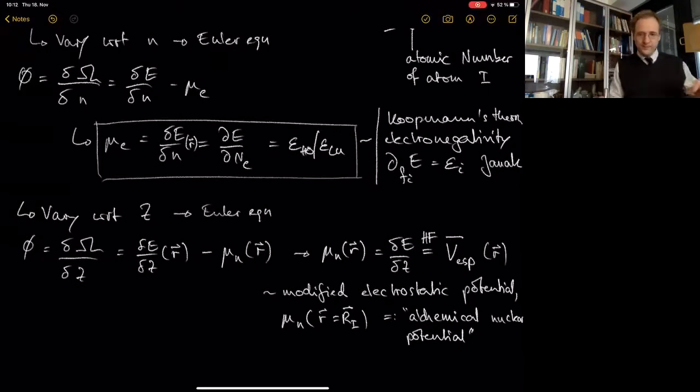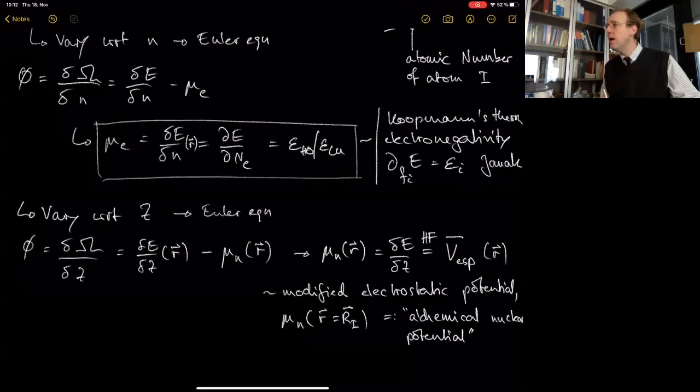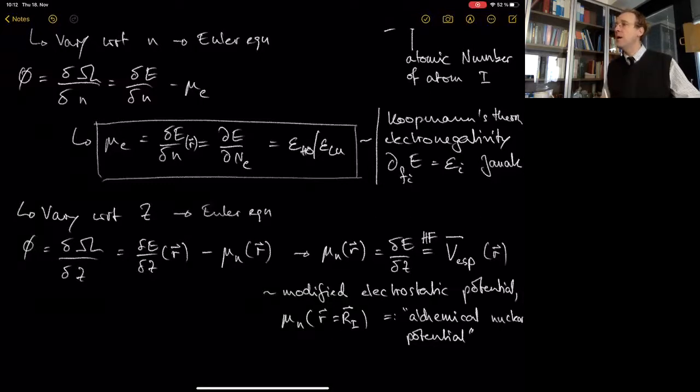Now, we can look at some further properties of this by considering the total differential.